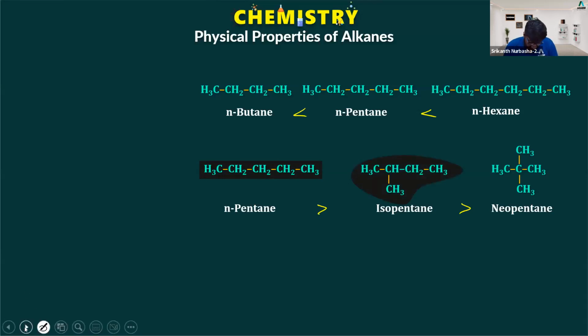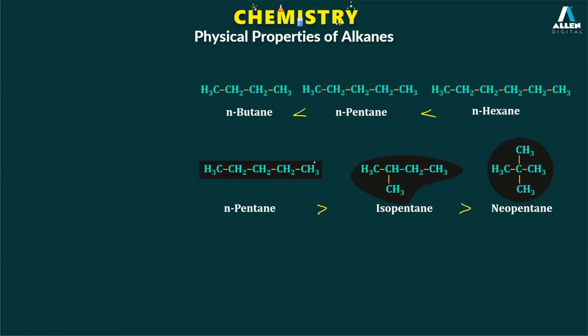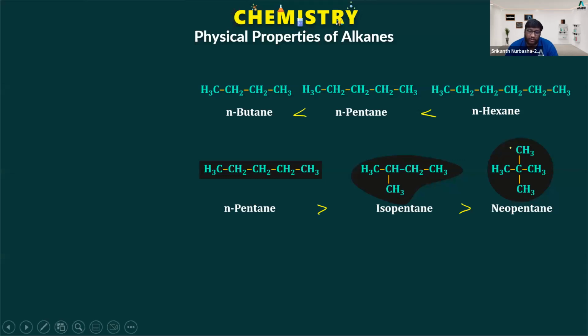You can see the figures. How the molecule shape, you can see this dark line, the black color, whatever I have mentioned. Yes or no? So you can see in neopentane we are acquiring the spherical shape. Because of that, intermolecular force of attraction decreases. Write down one point if you want.